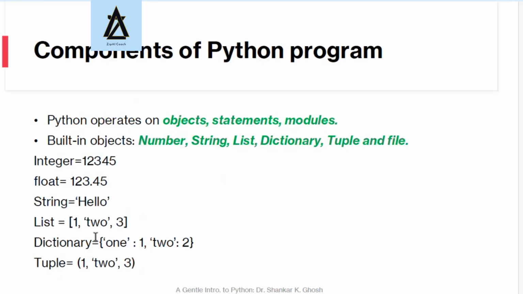Then it is list. This list is a little different from the list that we know from C programming, because it can contain heterogeneous elements also.